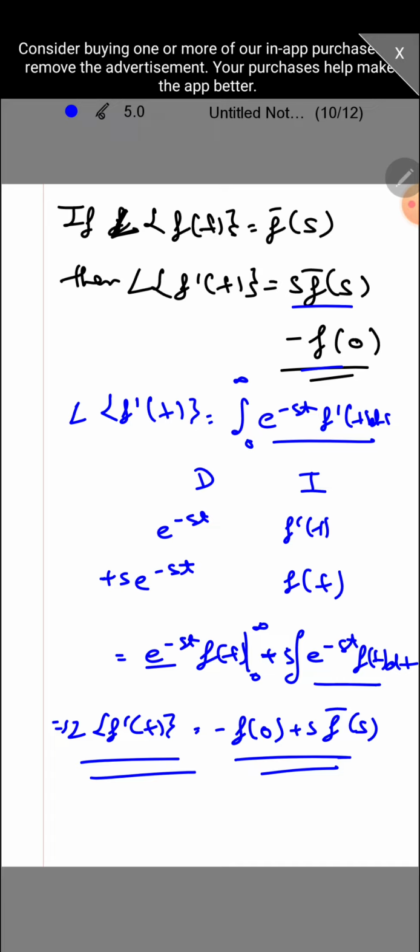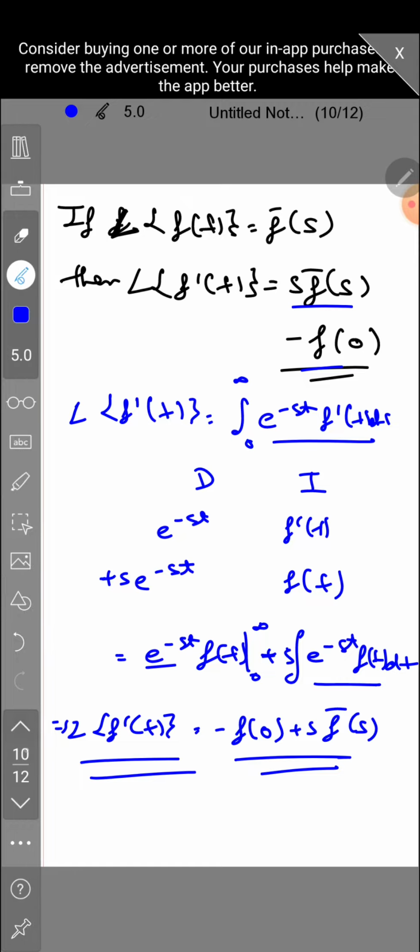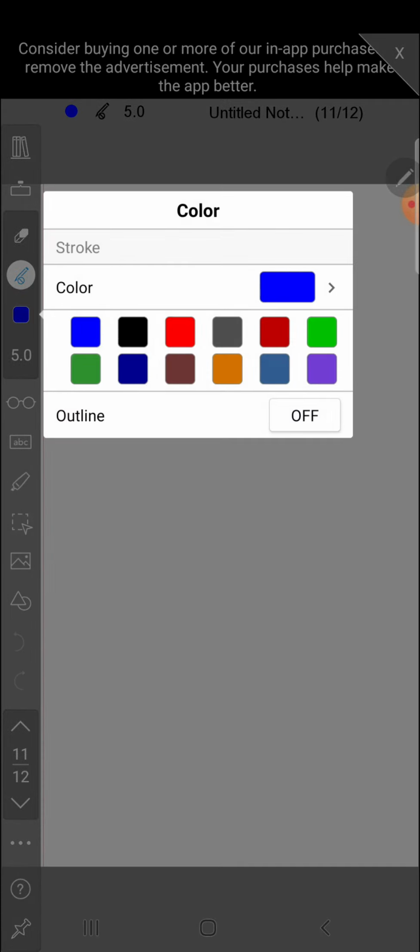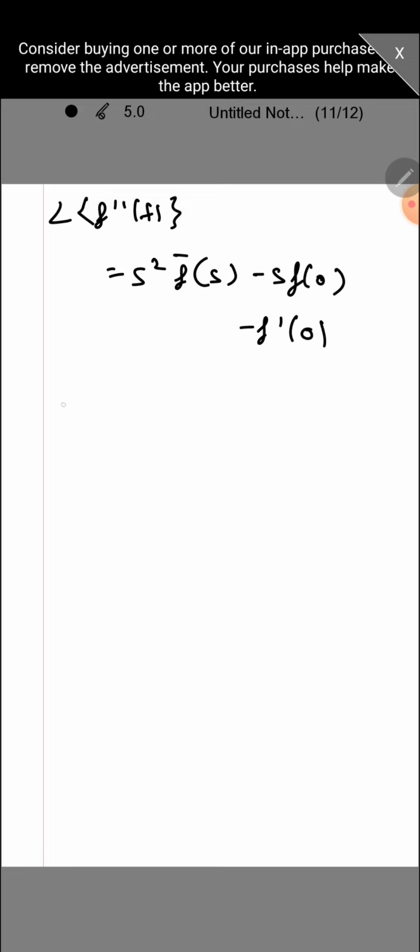In a similar manner you can go on doing this for multiple derivatives. You checked it for the first derivative. Similarly, the second derivative of the function is given as s square F bar(s) minus s f(0) minus f dash 0.